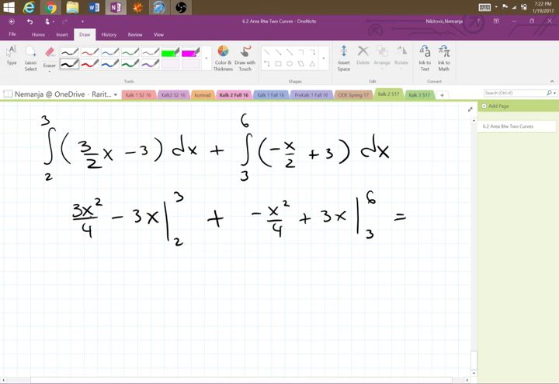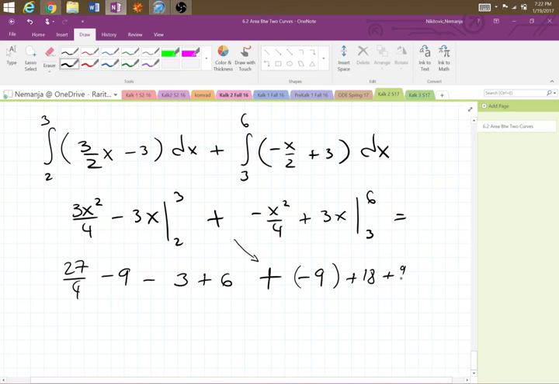3 squared, that's 27 over 4. Minus 9. And then minus, that square cancels, that's a 3. And then minus plus 6. For the first integral, plus the second integral. You plug in 6, 36 over 4, negative 9. And then plus 18. And then negative dies 9 quarters.